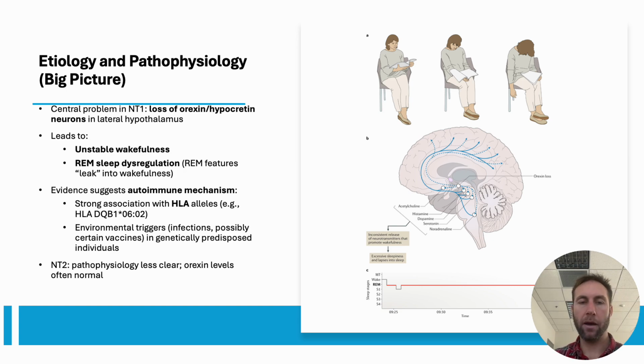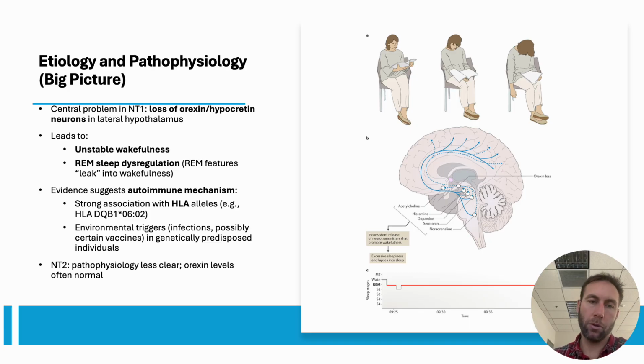For example, if you have this HLA gene, this allele here, there's a strong correlation for having that allele and developing narcoleptic type symptoms, or something in the environment triggering your body to start developing these symptoms because you have this allele.